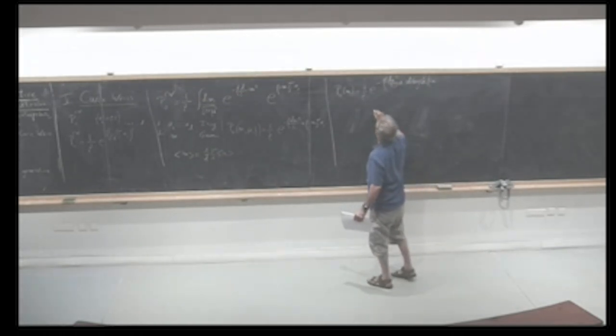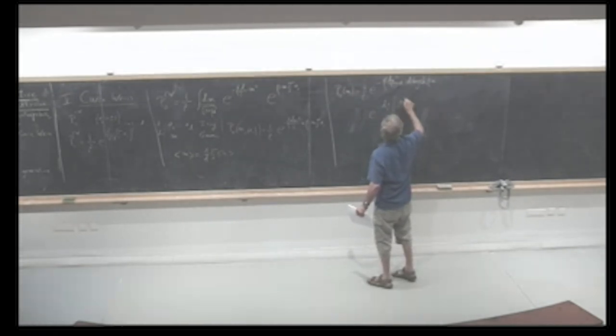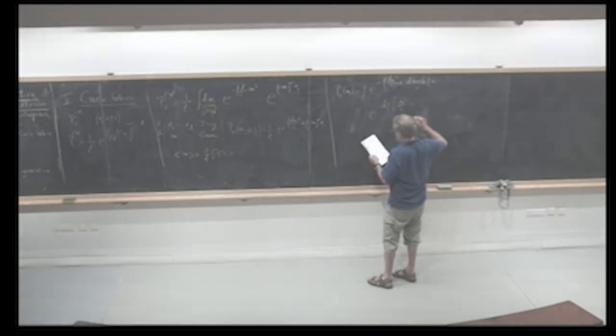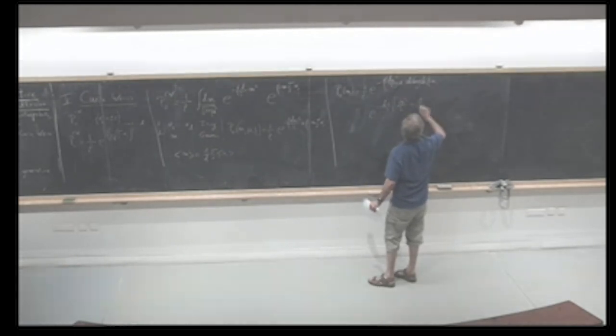And so this is something which is e to the minus d times beta times m squared over 2 minus 1 over beta log cosh beta m.